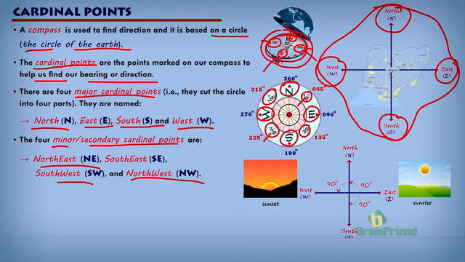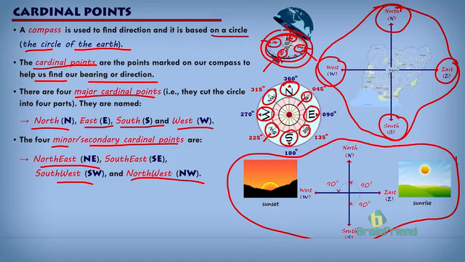Also, to find the cardinal points by yourself as an experiment, if you don't know where the northern part is, just take note that from geography you learned that the sun rises in the east and sets in the west. So wherever you see the sun rising from, generally that is the eastern part of where you are.